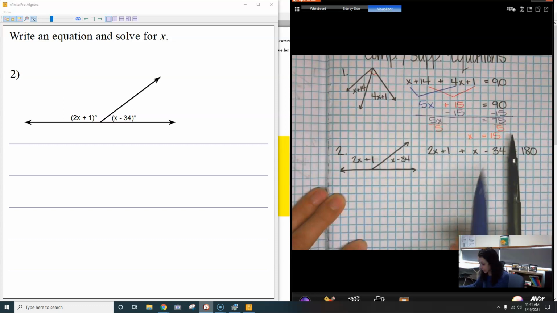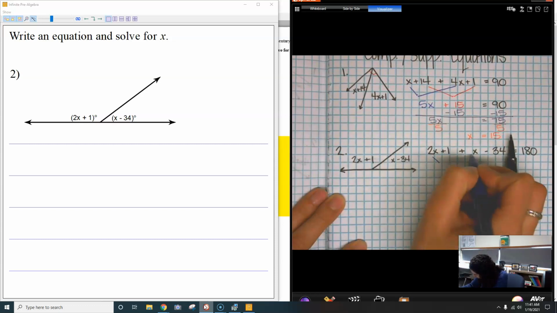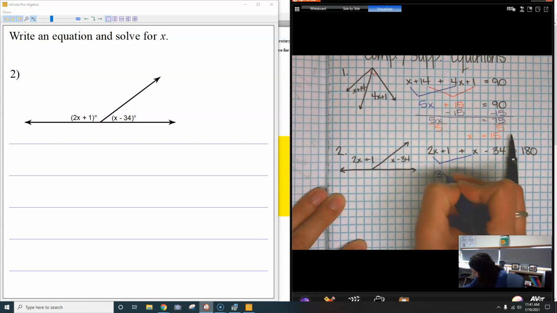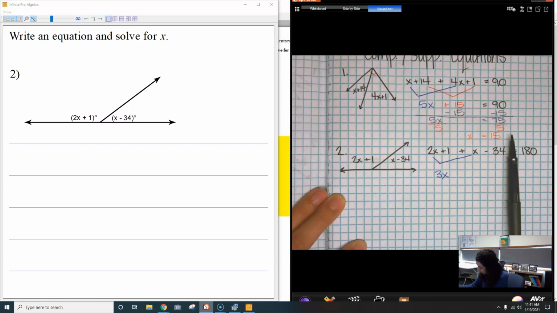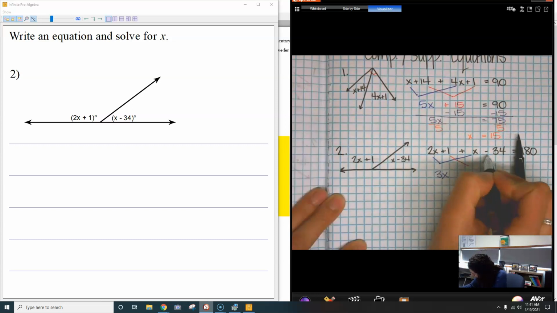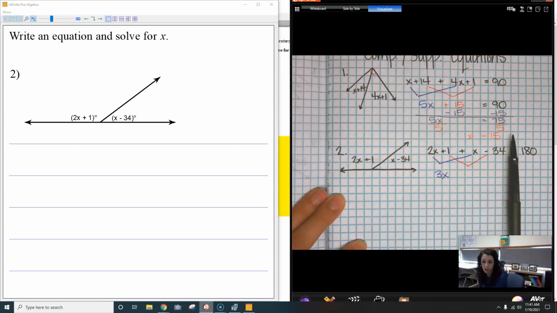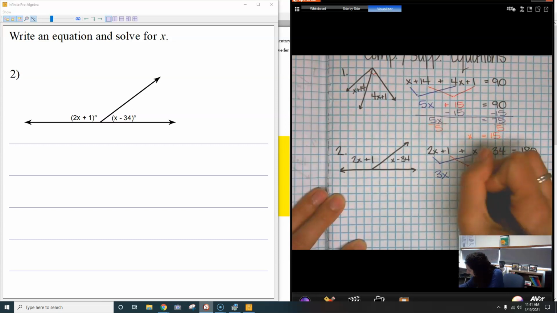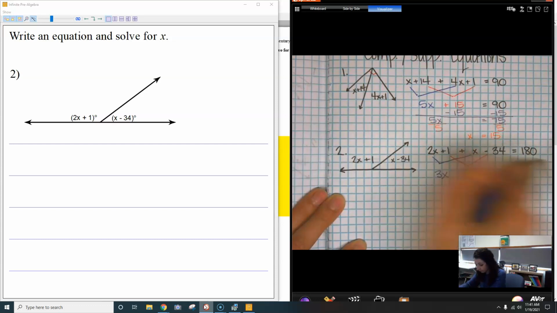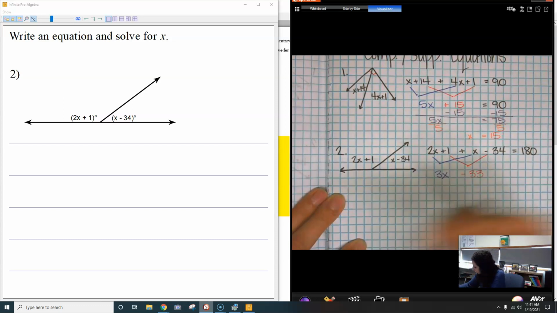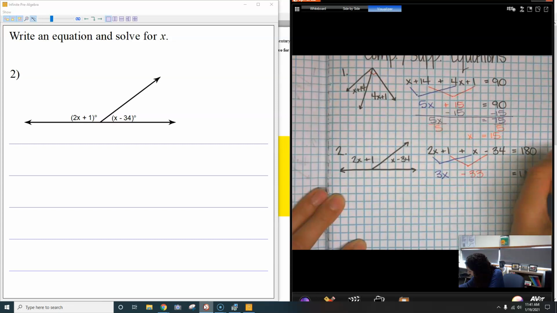And I'm going to combine the x's. 2x plus x makes 3x. And then I'm going to combine my numbers. 1 minus 34 means that we're going to have a negative number. It's going to be negative 33. If you don't know that, use a calculator, please. And that equals 180. Again, lining up my equal signs, keeping everything nice and neat.